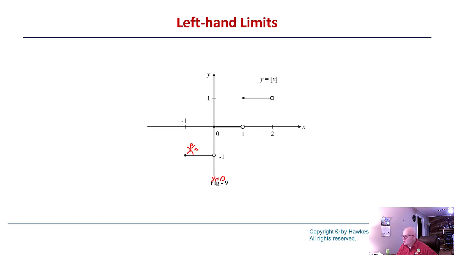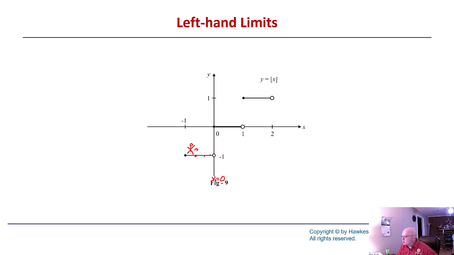Well, as I get closer and closer here, at the very beginning, the y value is -1. See that -1 there? As I get closer, notice when I'm here, y value is still -1. When I get closer, y value is still -1.